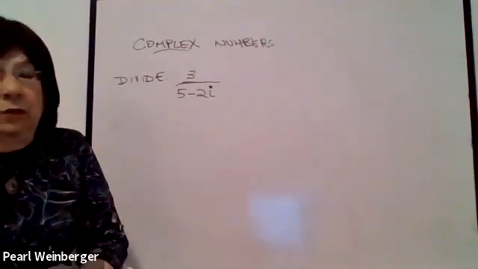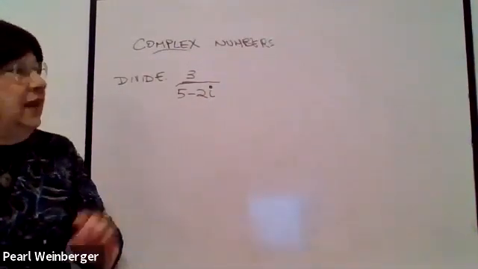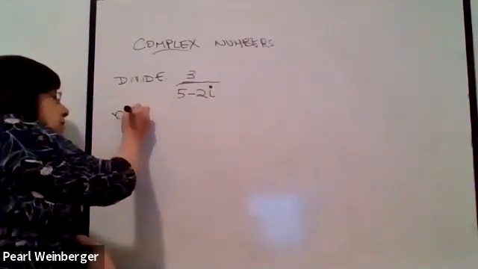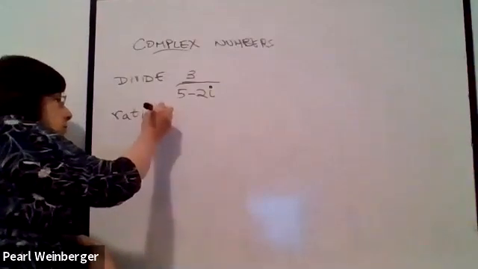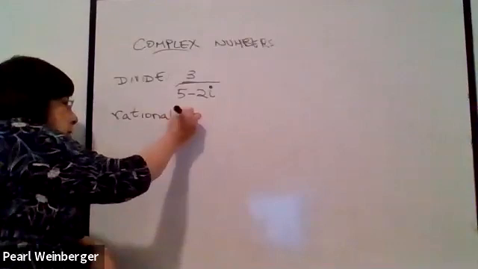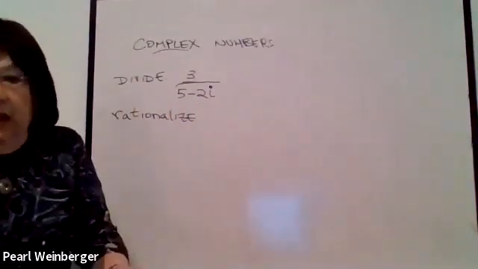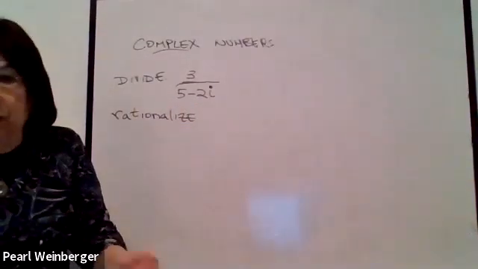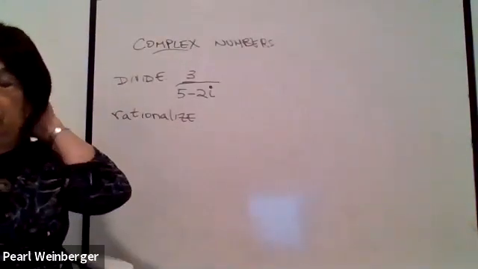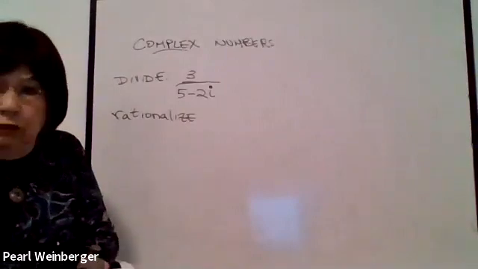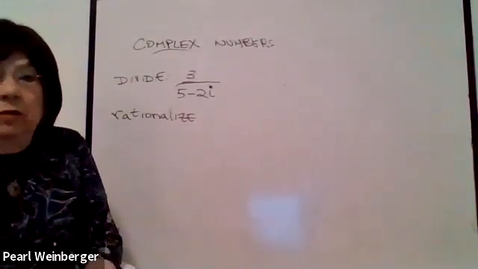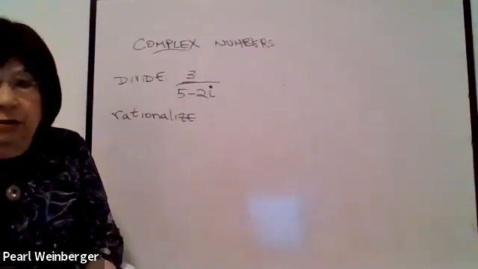Well, really, this question is not just divide. This question is really rationalize the denominator. We just did that yesterday, Tuesday. We learned how to rationalize the denominator because we said when we have something with a radical, with a square root, we don't want to leave it in the denominator.